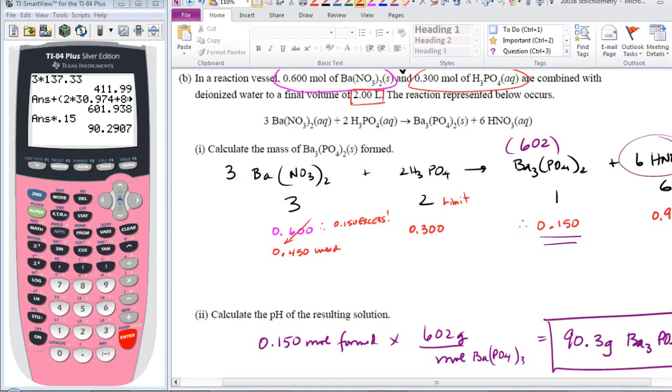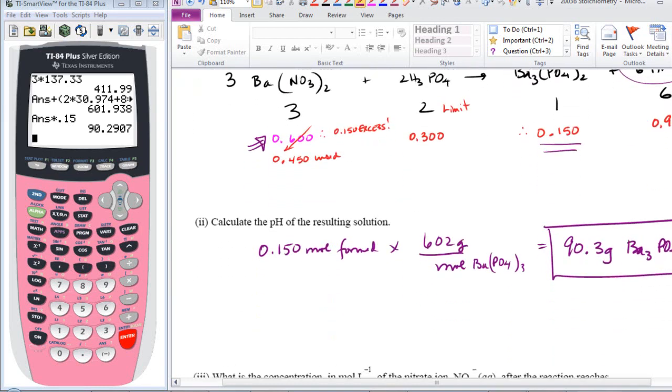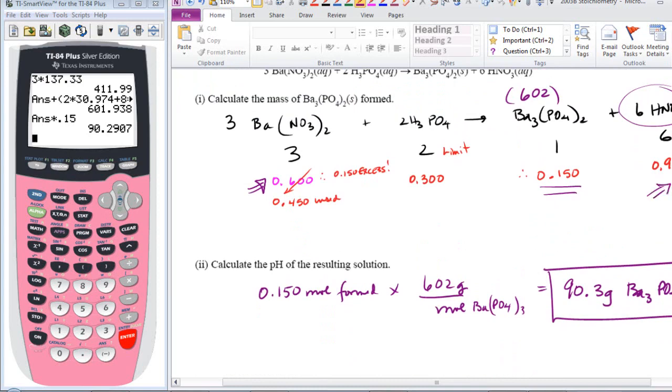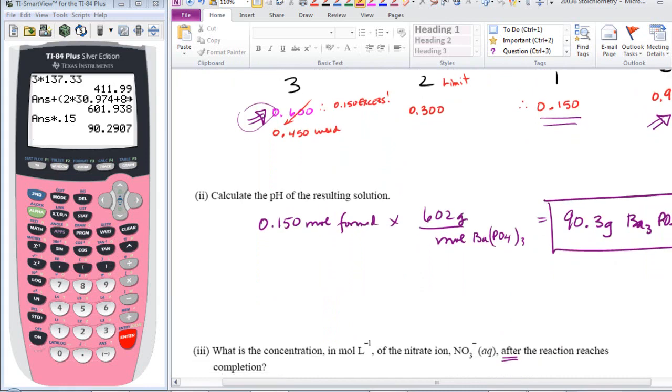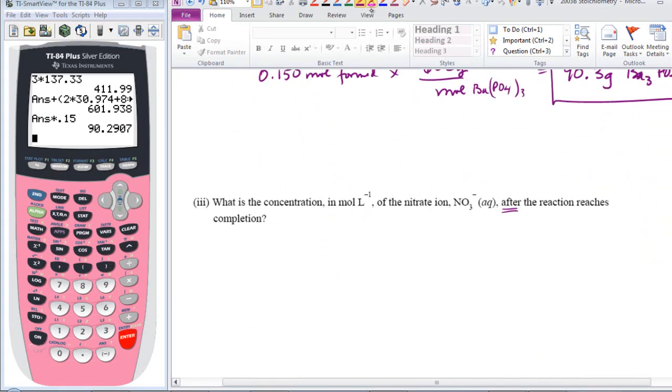And so pick something and start. Well, this is where you should start, because that's how much is really there, including the excess. See, this one is based off of my limiting process. So this one is the truth. So I'm going to start with that 0.6 mole. So the concentration of the nitrate is equal to the fact that I had 0.600 mole of it at the start, and it's times 2 because it was housed in barium nitrate.